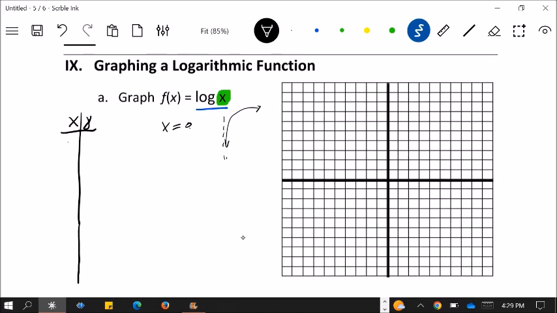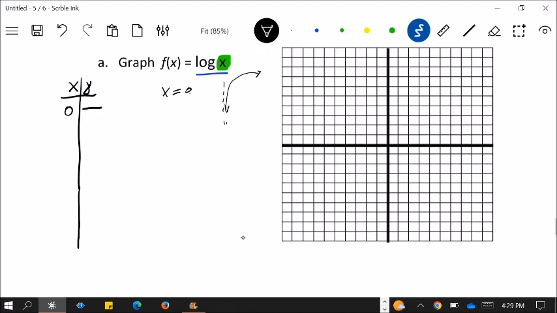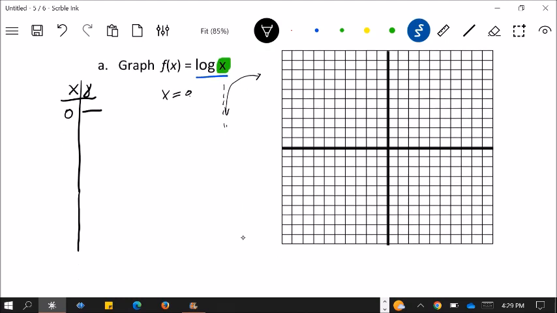So here that means I'm going to have 0 as my starting number and no y because we're not going to graph it. But we can then graph some of the other numbers like 1, 2, 3. If I do the log of 1, I get 0. And if I do the log of 2, I get 0.3. And the log of 3, I get 0.4.